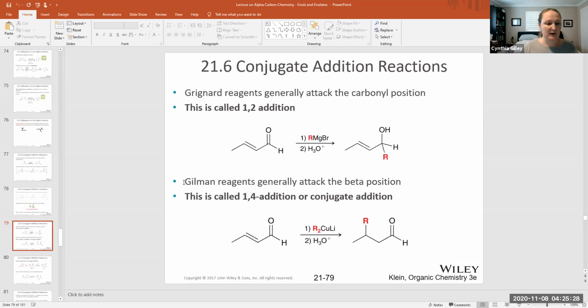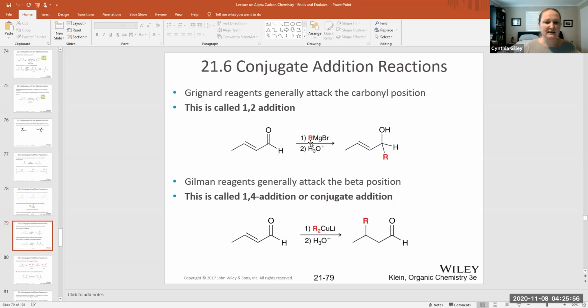And we've talked about Gilman reagents before. Grignard reagents are organomagnesium compounds, and Gilman reagents are organocopper compounds. We've talked about the difference in electronegativity between carbon and magnesium and carbon and copper previously. And we found that the difference in electronegativity between carbon and copper is much smaller than between carbon and magnesium.